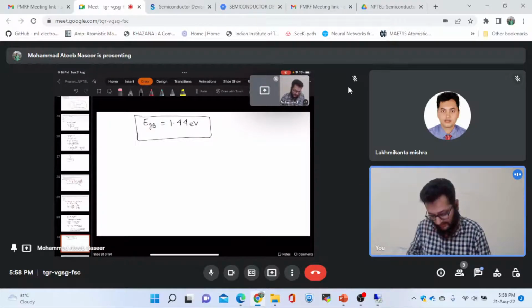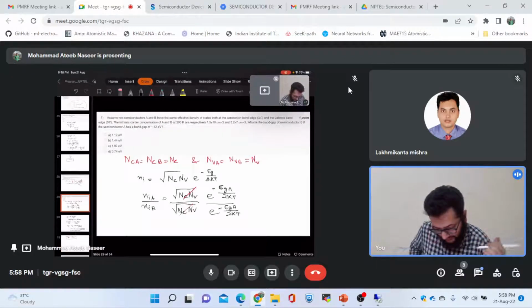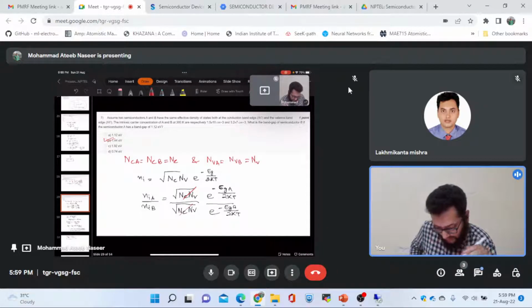The second material will have a band gap of 1.44 electron volts. Now let us see which option it is. Clearly it is option B, and we are done with this problem as well.